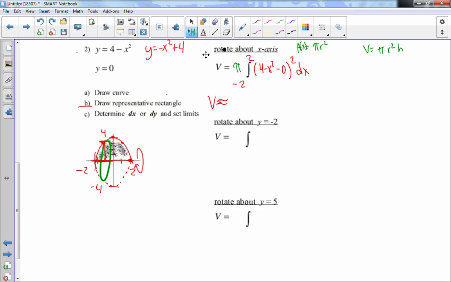Don't forget that pi. The pi is not part of the squared radius. X, comma, negative 2 to 2. Oops, I made an issue.